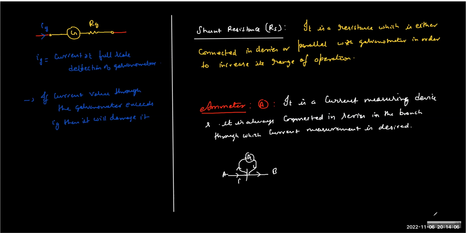To understand the manufacturing, you need to know some practical aspect. And what is the practical aspect? As a manufacturer, you need to know what range of operation you would like to design your device for. The range of operation will be given to the manufacturer as something called a specification.